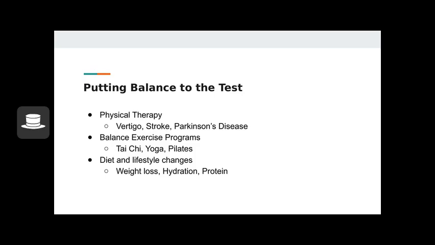Things like hydration. If we're not hydrated enough, we may become dizzy and lose our balance. Things like more protein in our diet, especially with strength training. We need to be able to develop muscles that are going to be strong enough to hold us up and maintain our balance if it is challenged.